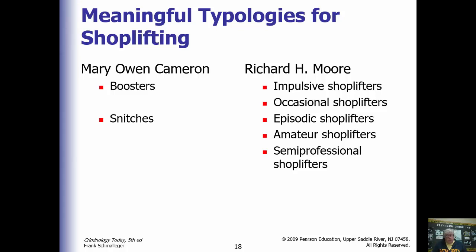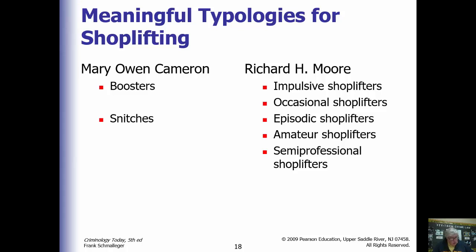And if you look in your textbook, it goes into who all those people are, on page like 453, 454, talking about the different types of shoplifters. So, boosters were a small percentage of people, usually sold their items that they stole.